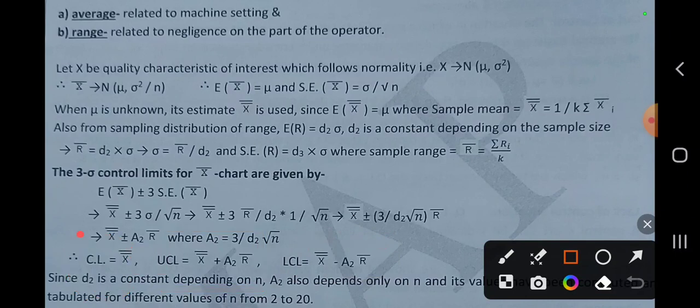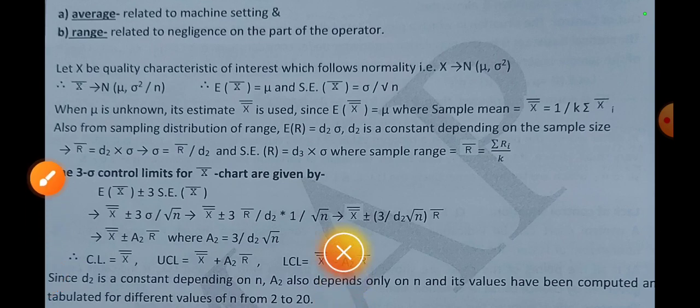The first limit is X bar bar. The second limit is the upper control limit, X bar bar plus A2 R bar, whereas the lower control limit is X bar bar minus A2 R bar. So for the upper control limit, add A2 R bar, and for the lower control limit we need to subtract A2 R bar. That gives us the central line, upper control limit and lower control limit.